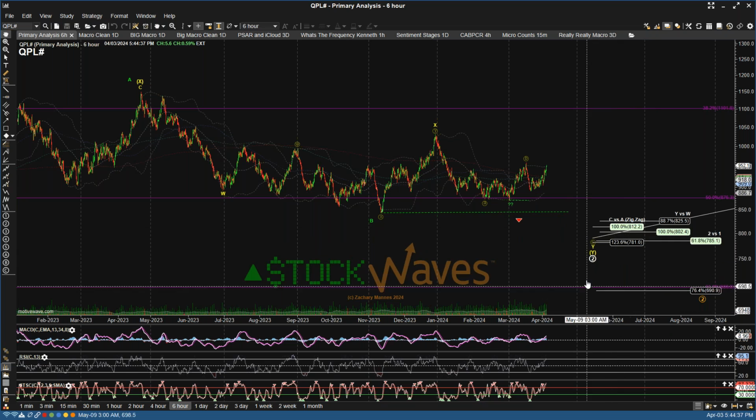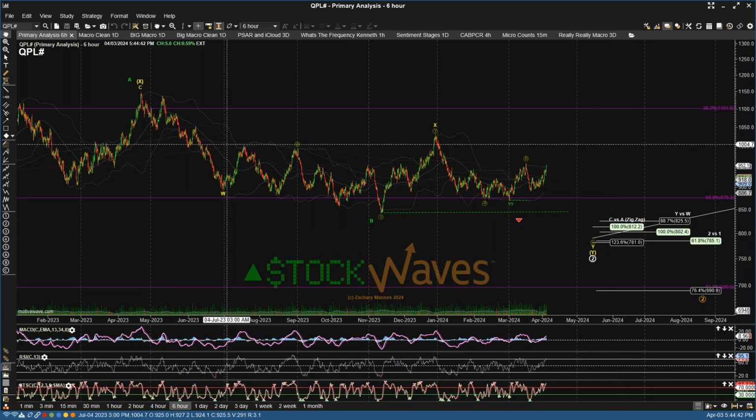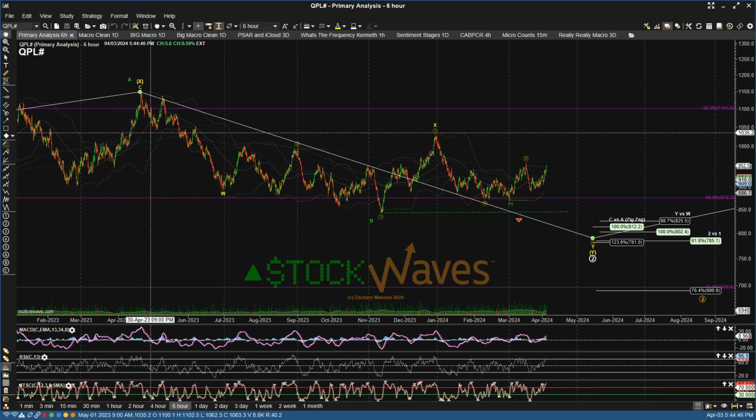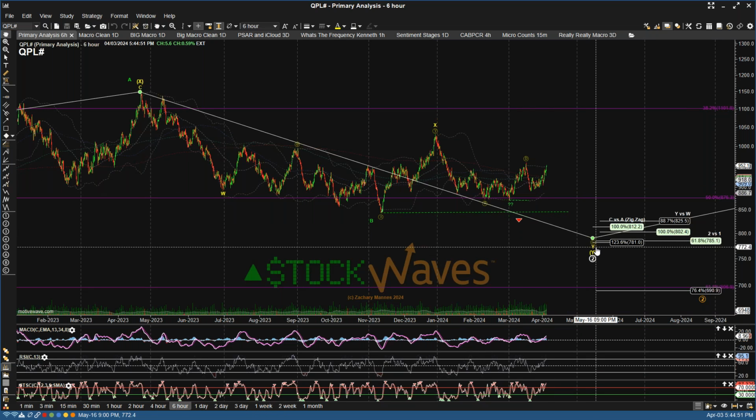And for that to be all of this larger wave 2 in platinum, it relies on not only this as a WXY for the wave 2, but also a WX and then an ABC for the Y wave inside that Y wave.